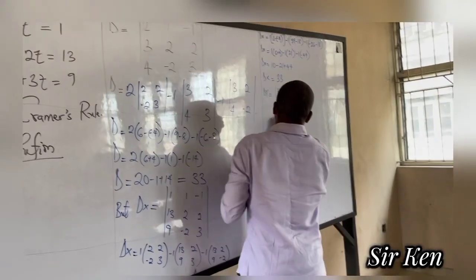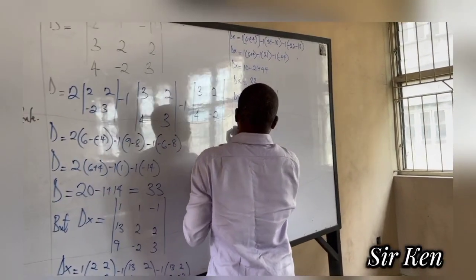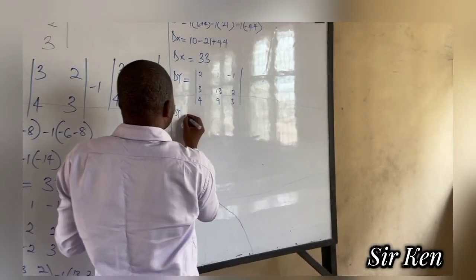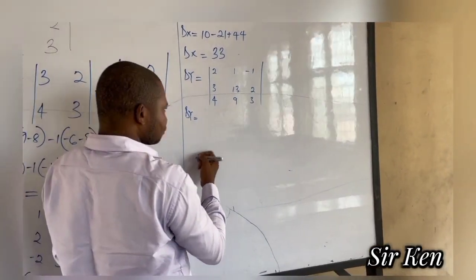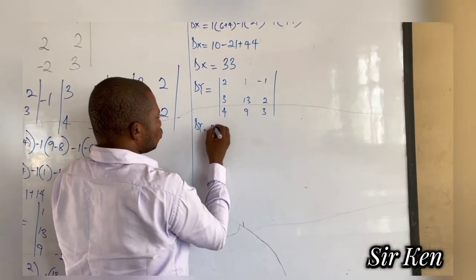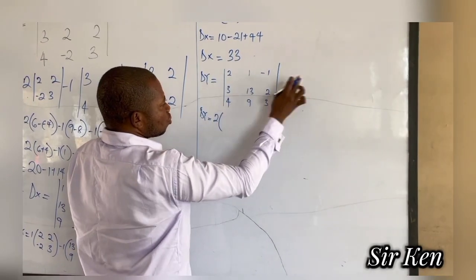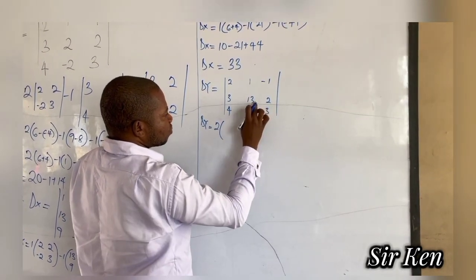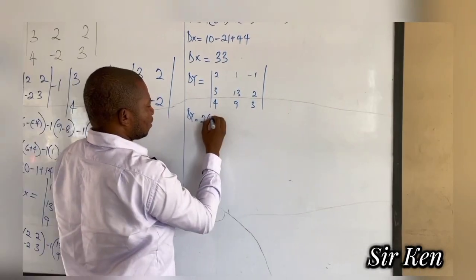So we'll look out for the determinants. The y becomes further 2 into, this goes up, so I'm left with 13, 2, 9, 3.